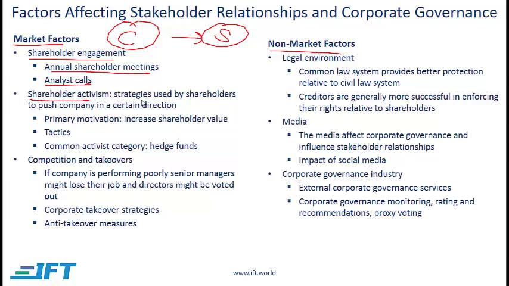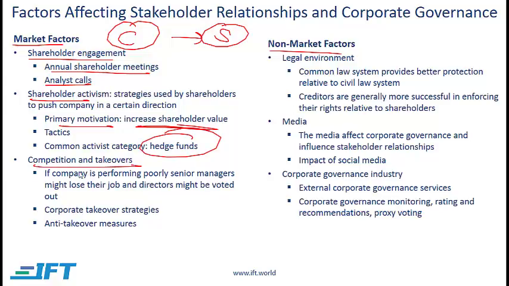This deals with strategies used by certain shareholders to push a company in a particular direction. The primary motivation generally tends to be to increase shareholder value. There are various tactics that can be used, such as proxy battles, and the most common category of activist shareholders are hedge funds.